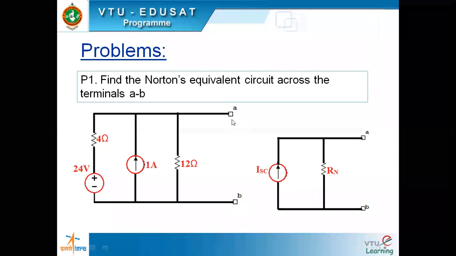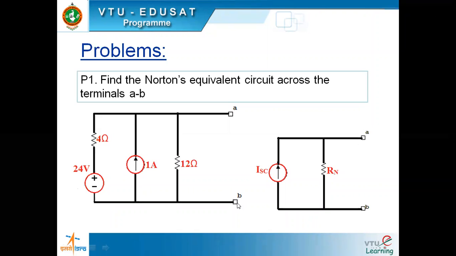Why does it have to flow from A to B only, you may ask. The ground point would be here, which we have not shown. B is the ground point. Understand that? So the current would be flowing from this positive terminal to this ground terminal. That is your ISC when we short AB.